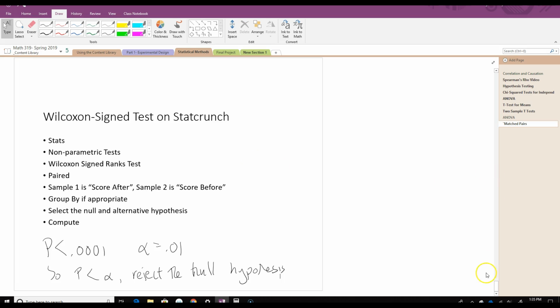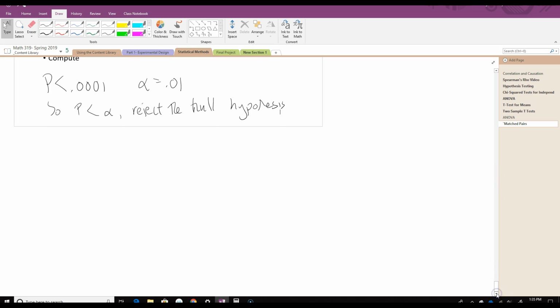When do I use it is an important question. I use this test when the requirements for the matched pairs have not been met.